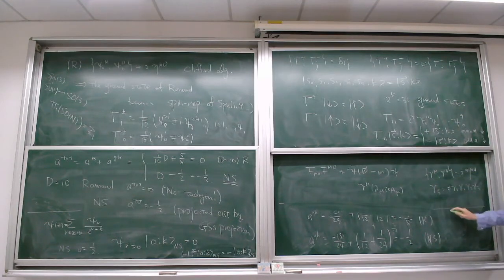It gives you the chirality: the Dirac spinor decomposes into right chirality and left chirality, psi plus or minus. That's exactly what I did here.